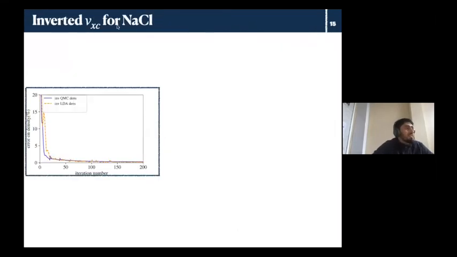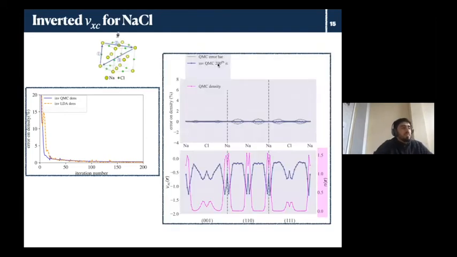I did the same thing for sodium chloride, and now we have very small stochastic noise from QMC. In this case, the convergence behavior is similar to that of the LDA, and whatever iteration we go to, we find a smooth potential for the inverted QMC.